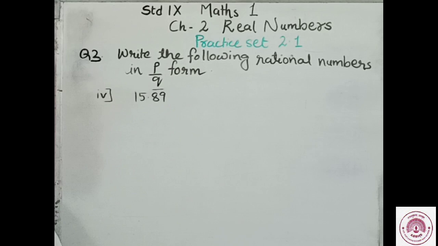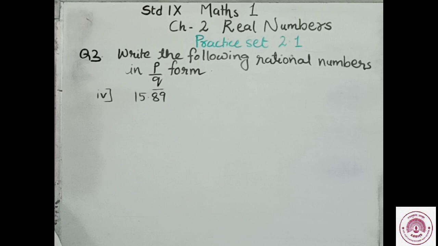Now again, subtracting equation 1 from equation 2, the way we have done in the first sum. So what will we get? 100x minus 1x. Okay, so this is x here, which is equal to 1589.89 bar minus 15.89 bar.